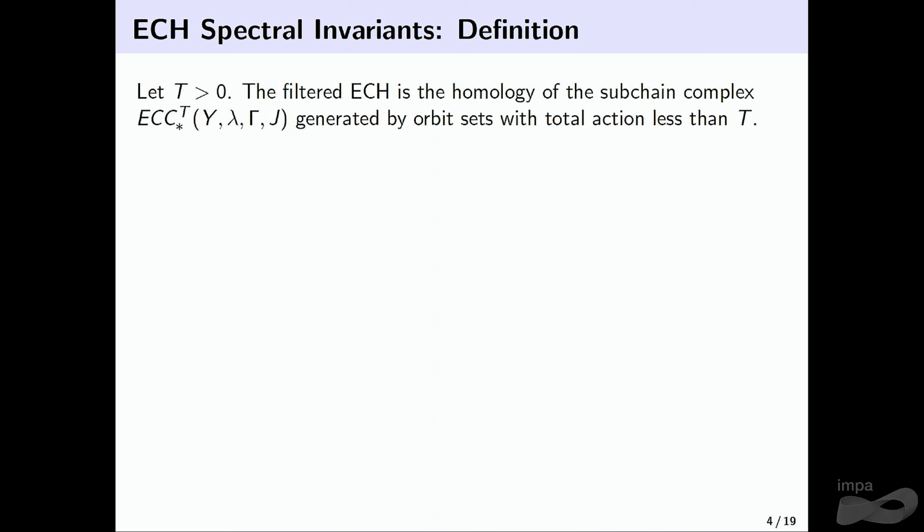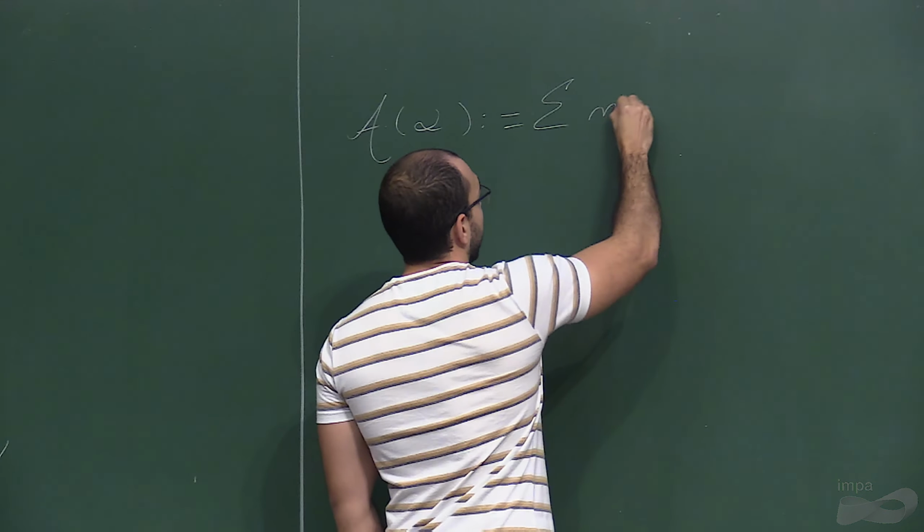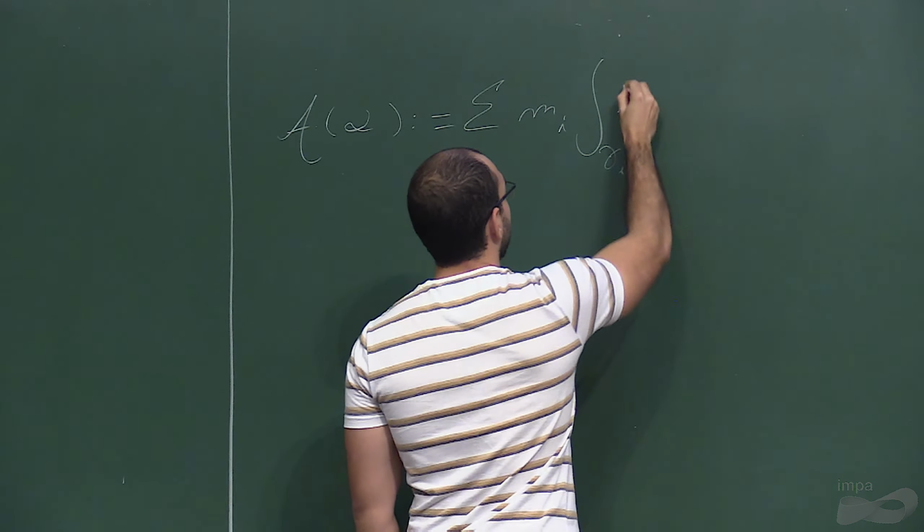And then we can define the ECH spectral invariants. The homology itself doesn't depend on the contact form, just on the contact structure, but we can define contact invariants depending on the form. How do we do this? We consider the subchain complex generated by the orbit sets with fixed action range. For an orbit set alpha, we define the action to be the sum of all the actions, and the action of a Reeb orbit is just the integral of the form over the orbit.